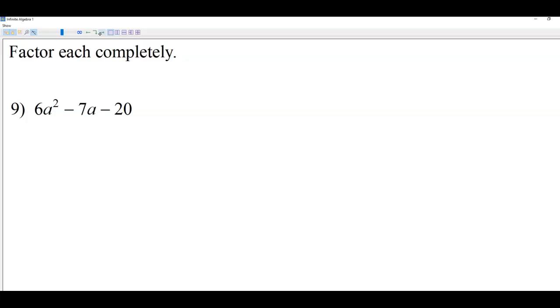Watch out for those GCFs. It could save you a lot of guesses. If you see anything in common on those two, then it won't work. You know that's not working.